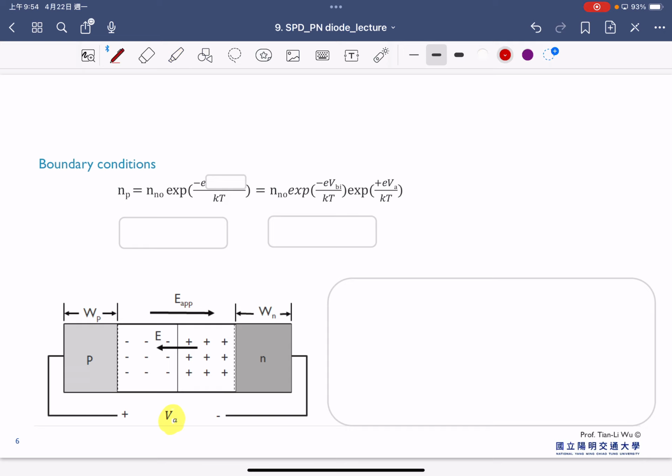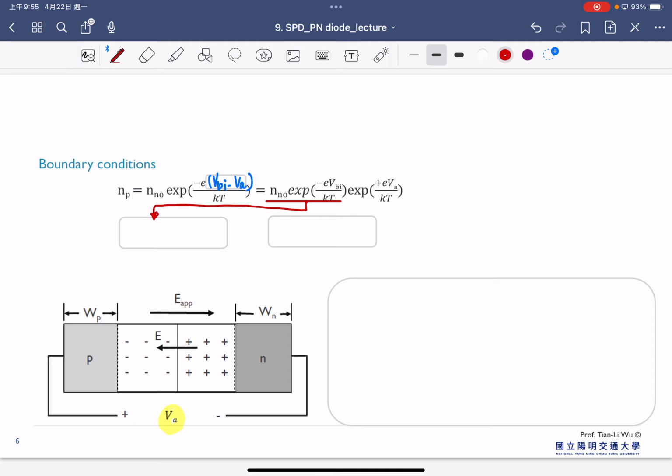Therefore this equation will be rewritten as VBI minus VA, and we can expand this one, it becomes this times this one, and this part is equal to this one.